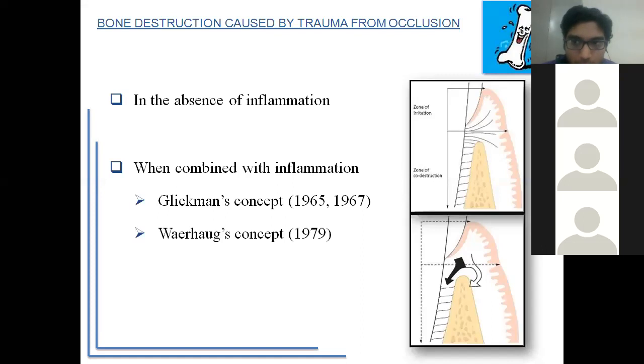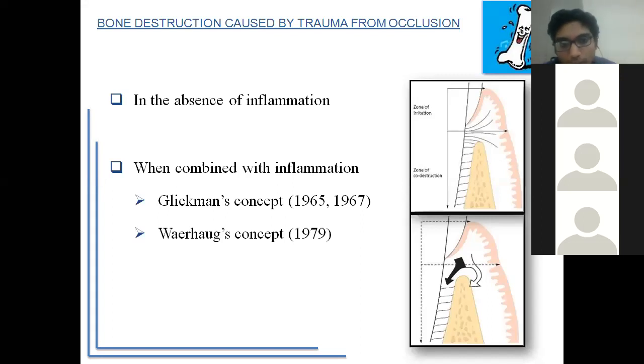In primary trauma from occlusion, your supporting structures are intact, right? So it occurs due to abnormal forces. The surrounding periodontium is normal. In secondary trauma from occlusion, what will happen? Supporting structures are not normal.